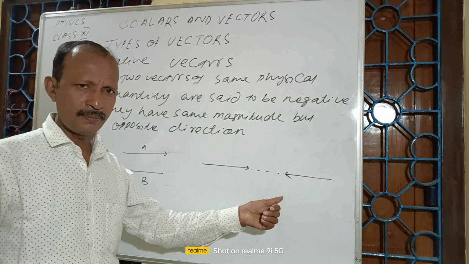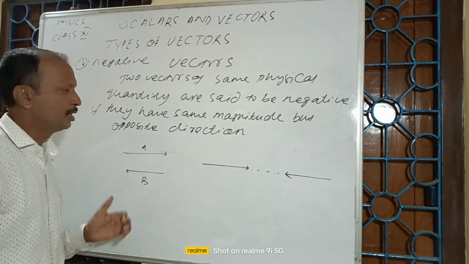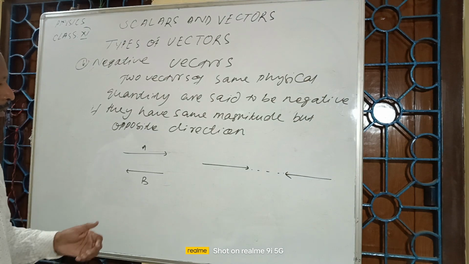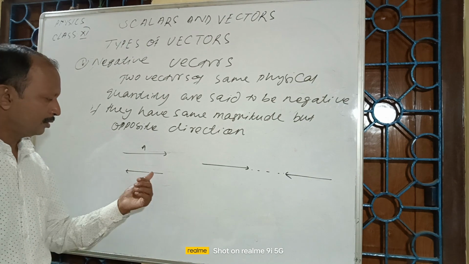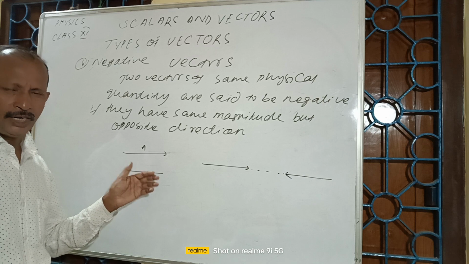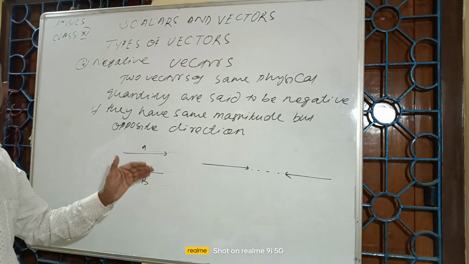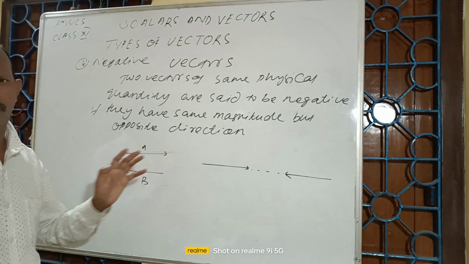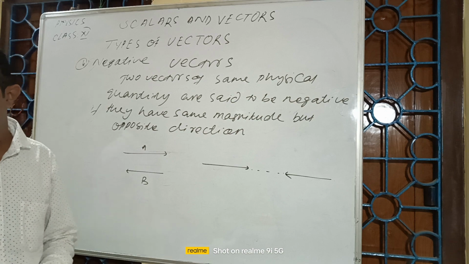Their magnitude is the same, but their directions are opposite. So we can say that this B is the negative vector of A, or A is the negative vector of B.